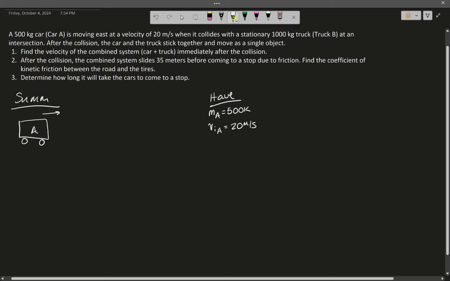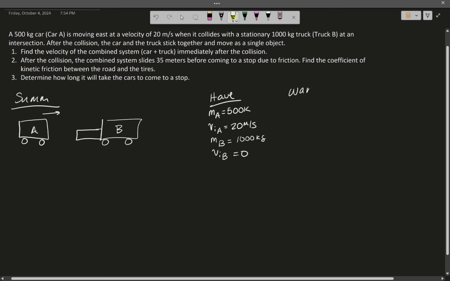It is going to collide with a stationary car, no, sorry, truck B, and the mass of B is 1,000 kilograms. And the initial velocity of B is going to be 0 because it's stationary.